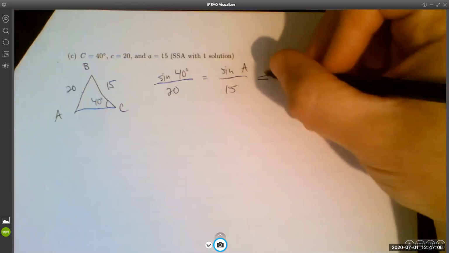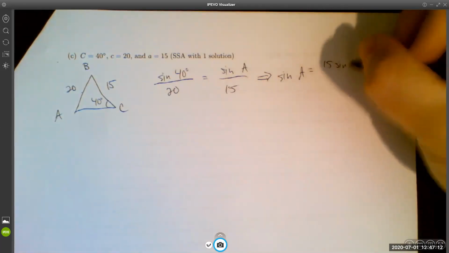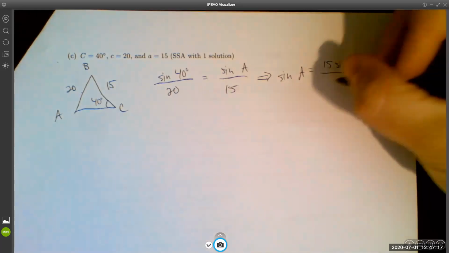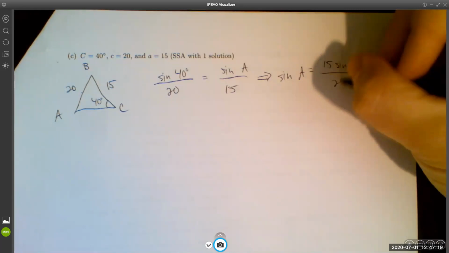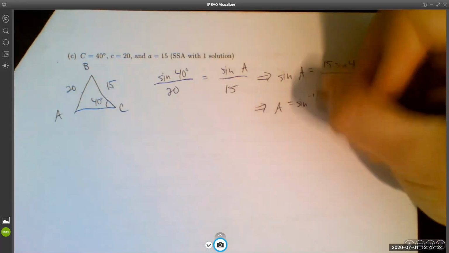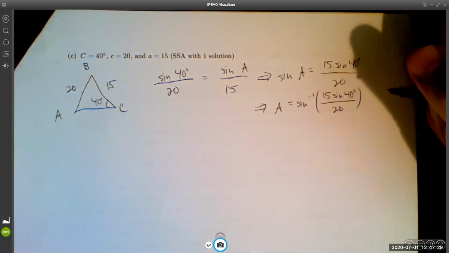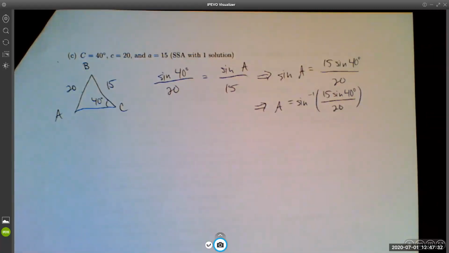And that means that sine A is going to be 15 sine 40 over 20, which means that A is going to be sine inverse of 15 sine 40 over 20. Let's see about how much that is. Sine inverse of 15 sine 40 divided by 20 is about 28.8.